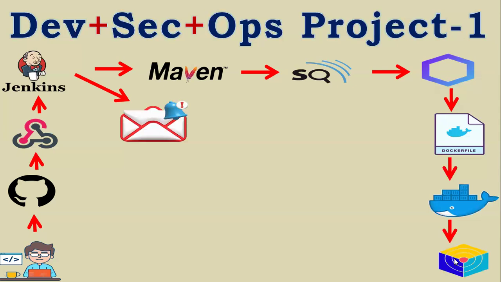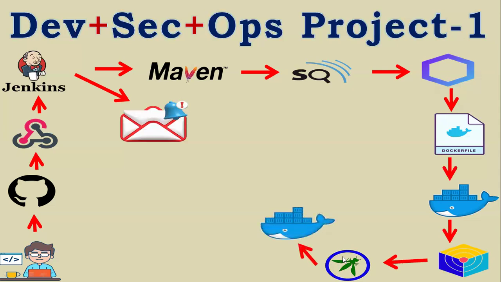Once Trivy certifies, then we check dependencies once again using OWASP. Then we push our custom Docker image into the Docker registry.